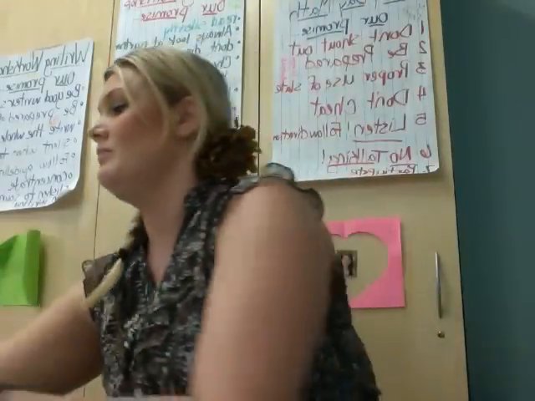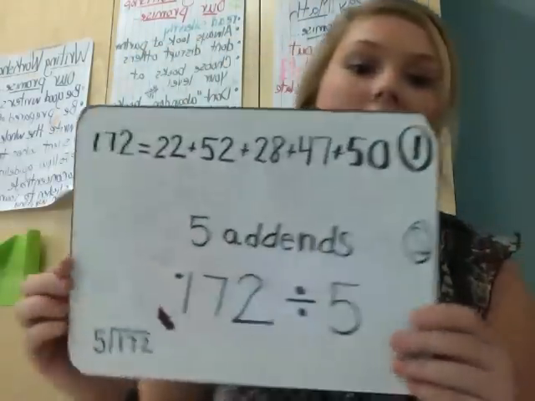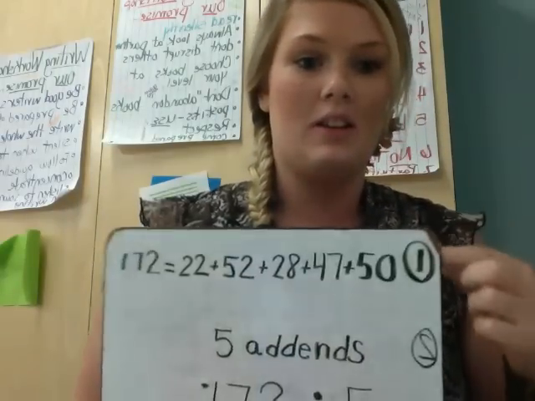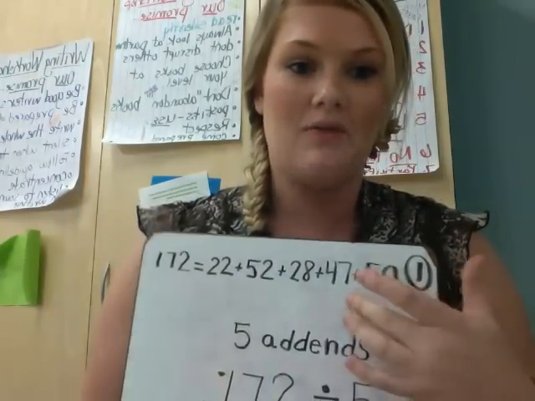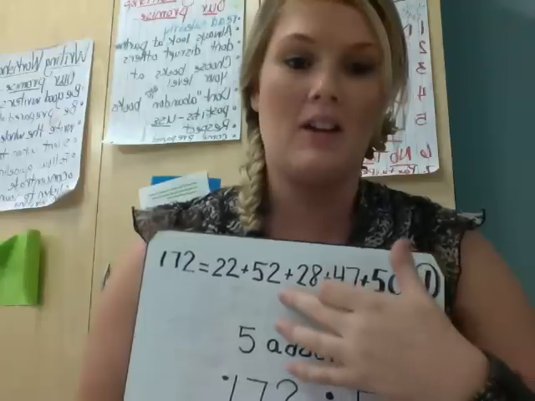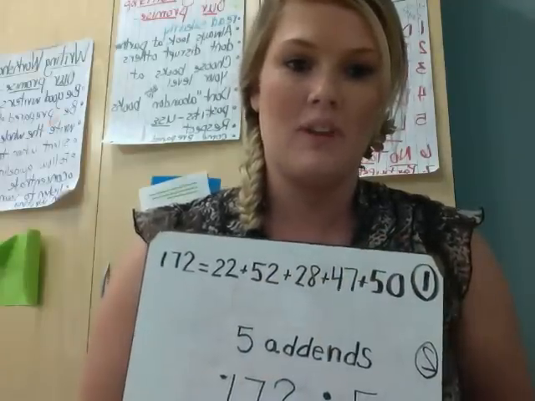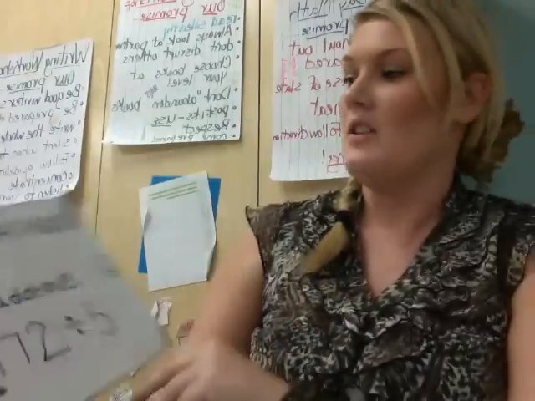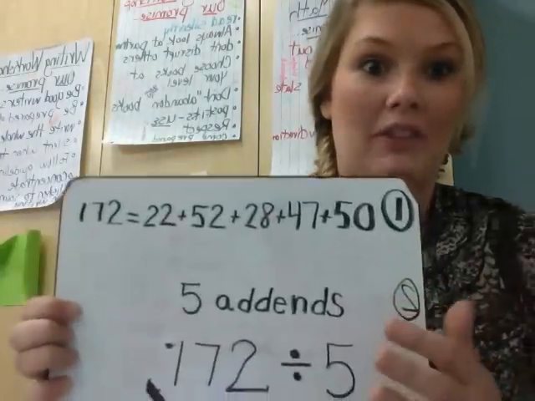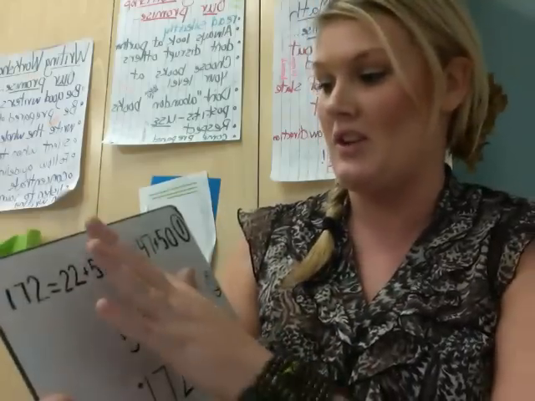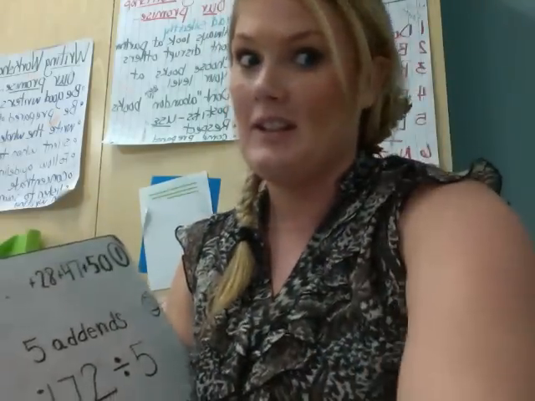So if you look at the next chart, we took our 50, 47, 28, 52, and 22. Okay? So when we add all of these together, oh, this one should actually be 25, not 52. So we better change that one. See, Miss Perfect made a mistake.